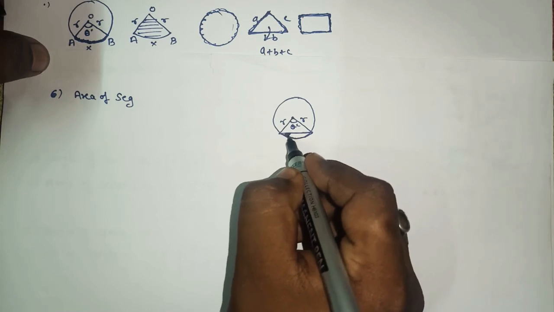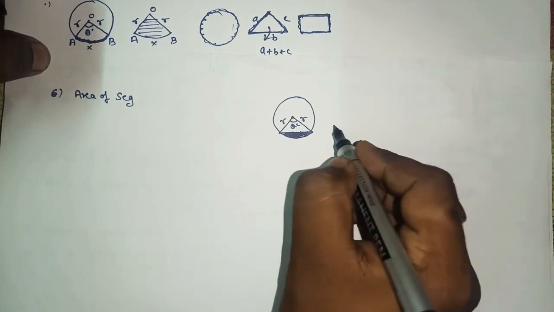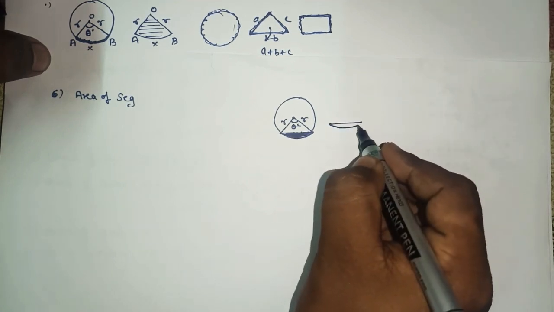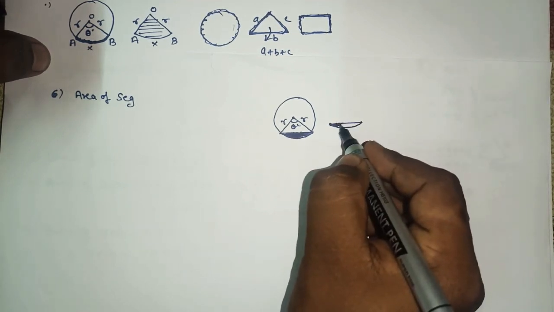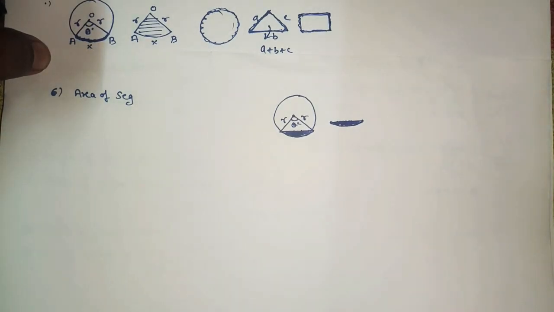So if you want to find this part, this section is known as the area of segment, or else we can say area of shaded region.